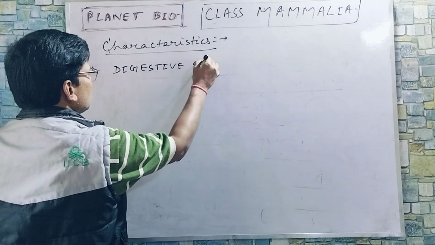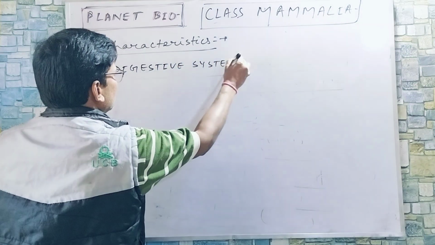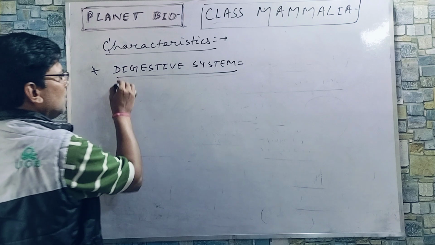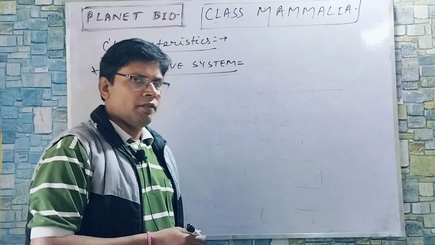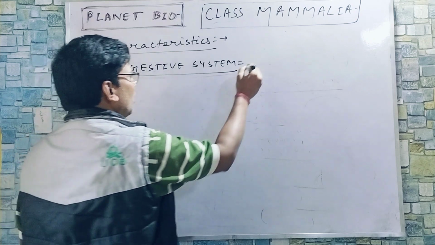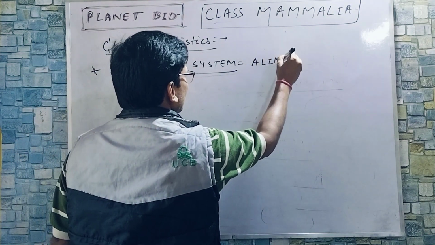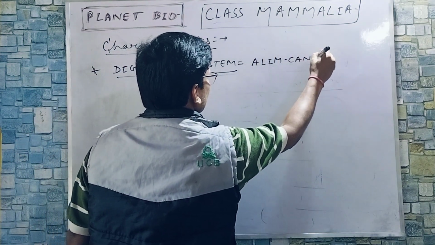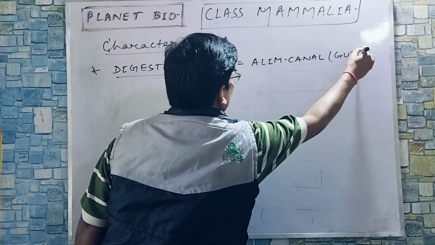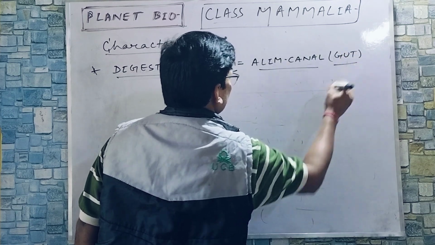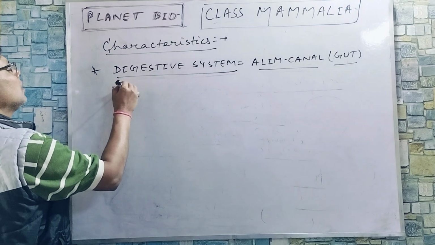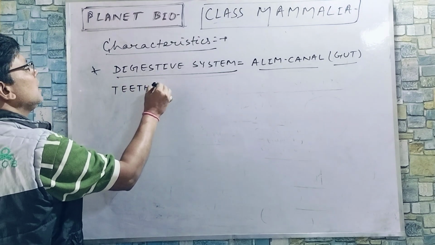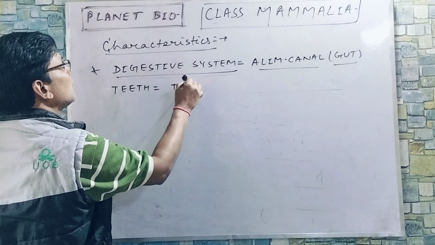Now, digestive system. Alimentary canal may be of varying length. Feeding habit may be variable, but we begin with teeth. Teeth are generally thecodont.